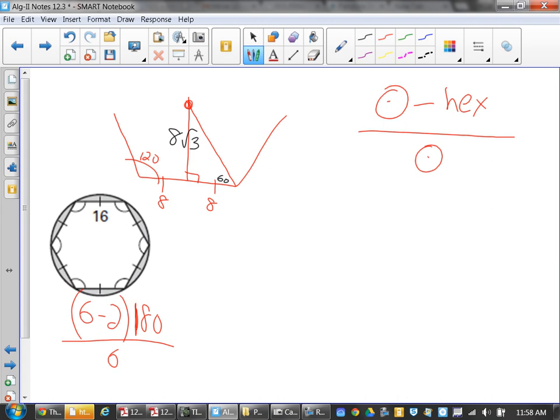Now you have your apothem, you've got your perimeter, and you also know what your radius is, which is 16. So your area of a circle, 16 squared, slap a pi next to it. Subtract 1/2 your perimeter, which is 16 times 6, times your apothem, 8 root 3.